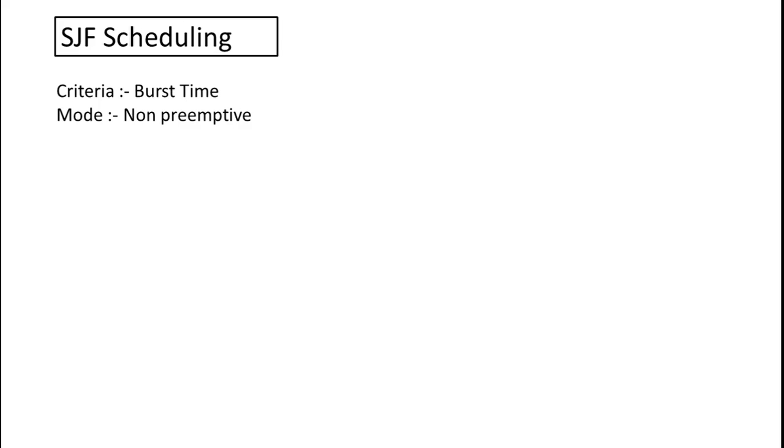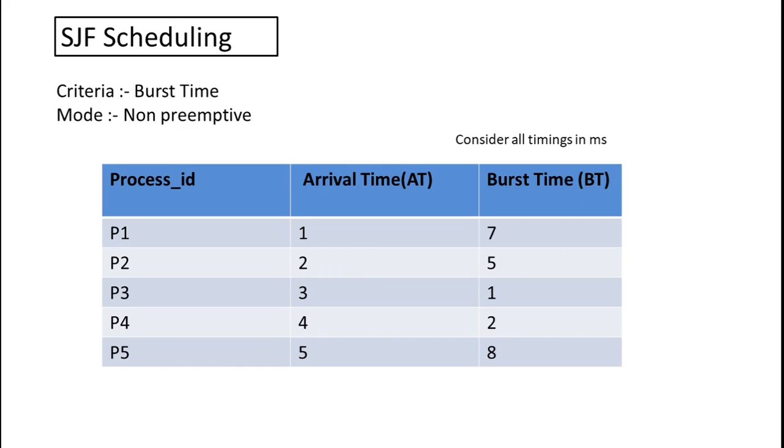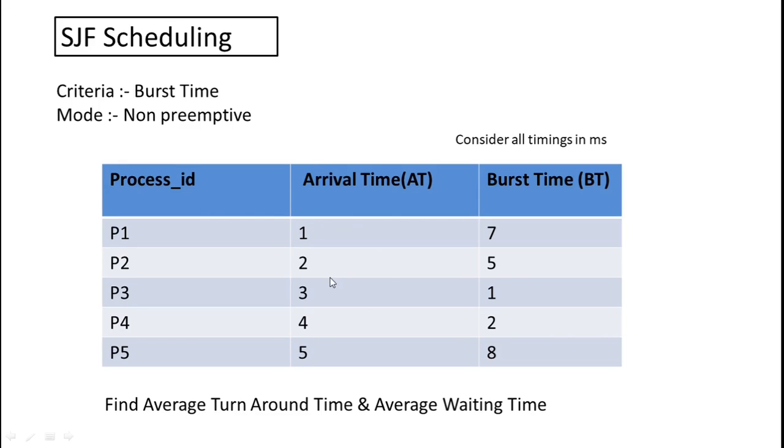Let's see an example so you can imagine it in a better way. Here the data given to us has 5 processes: P1, P2, P3, P4 and P5. Arrival time and burst time are available for all 5 processes. The criteria is burst time, so the process with the smaller burst time will execute first.